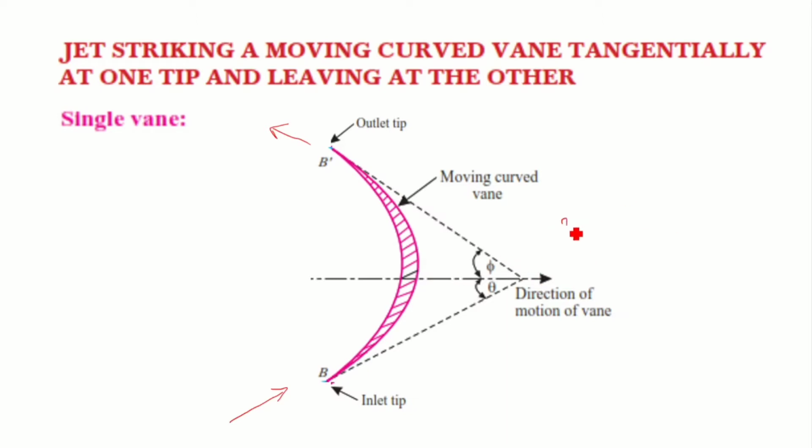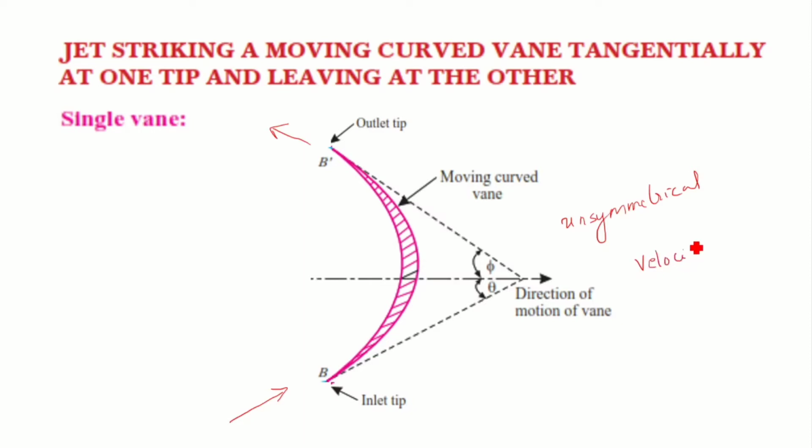So this is the case of an unsymmetrical curved vane. In order to analyze the movement of a jet in a curved vane, where the water strikes at one end and leaves at the other end, we need to draw a velocity triangle.